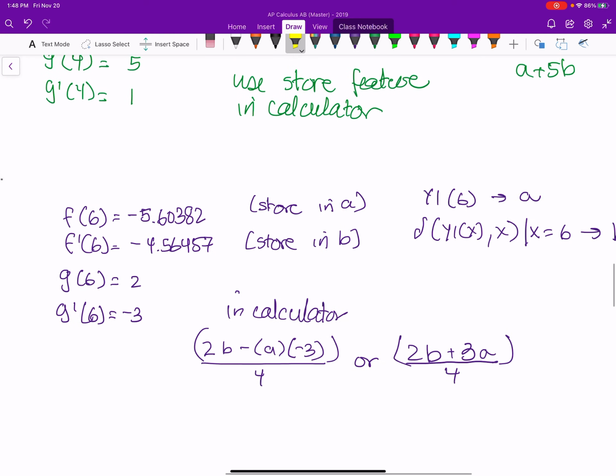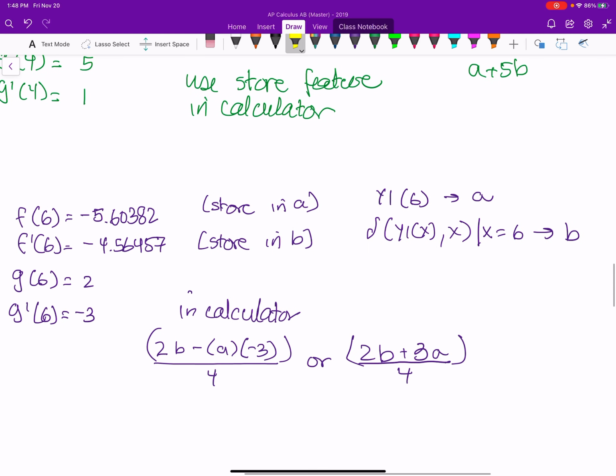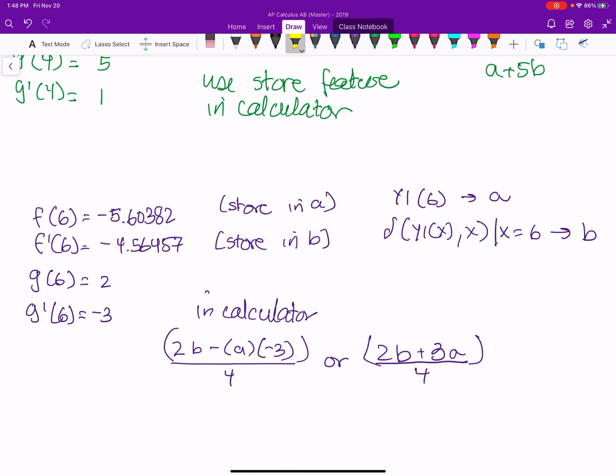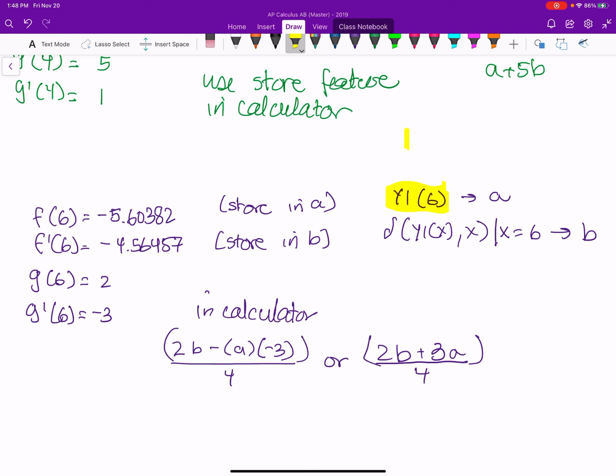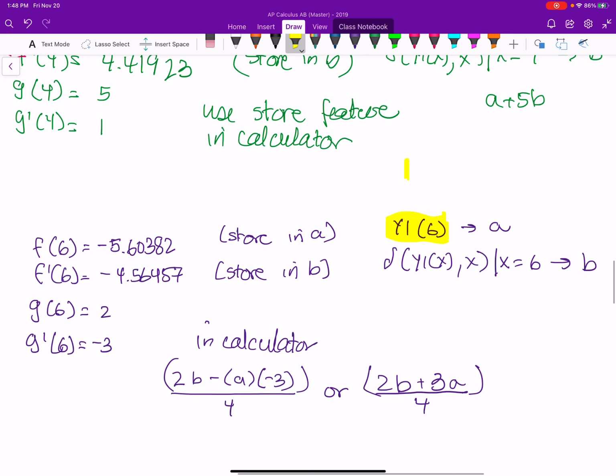Here, let's see, the same thing, but store it in A and B again. And then look, in the calculator, what's nice is you could go up, because you already have these instructions in the calculator, but it was for 4 before.